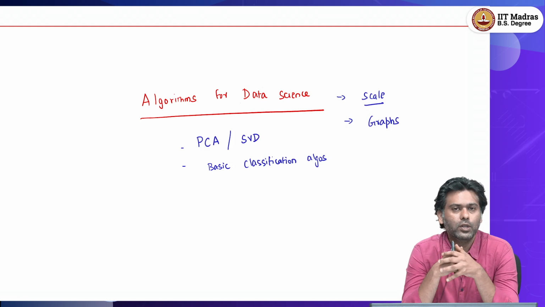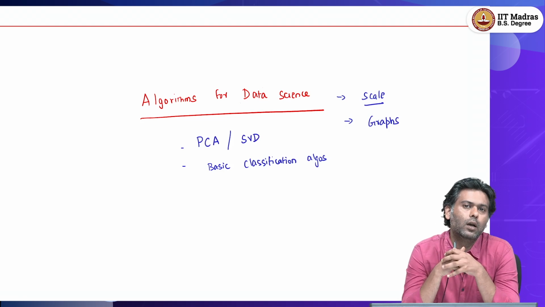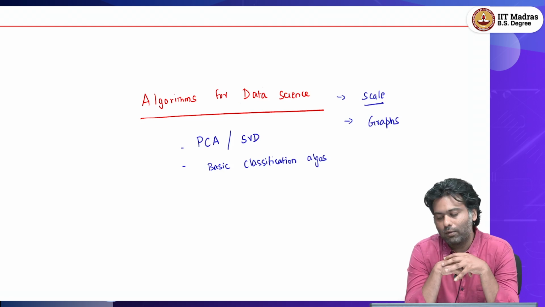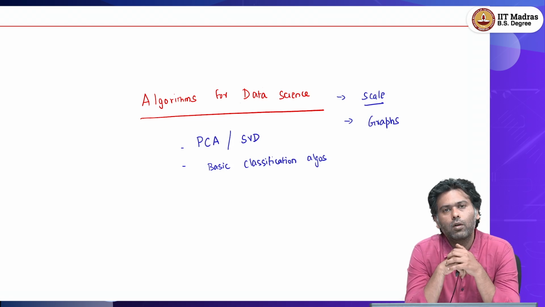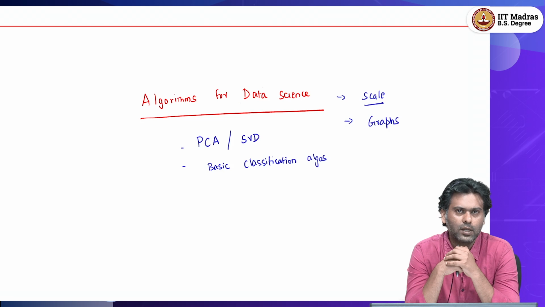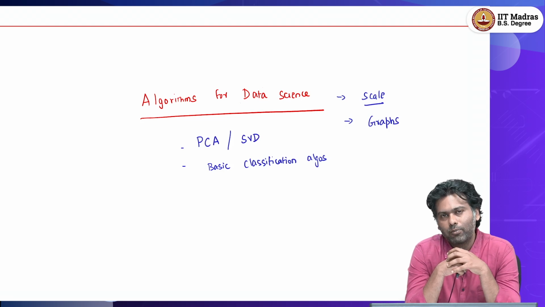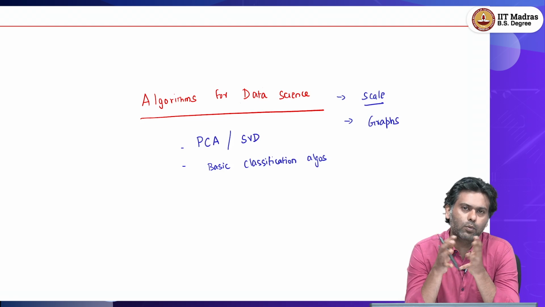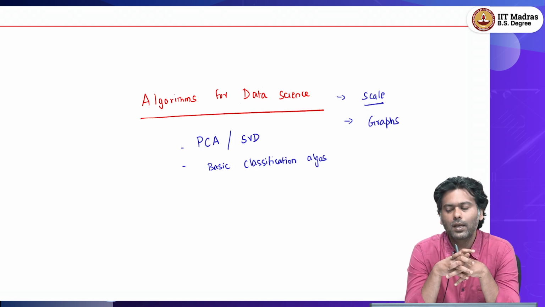A standard machine learning techniques course, at least the one that we did in the online BS level, didn't cover a lot of graph based algorithms. So one of the goals of this course is also to look at graph based algorithms. These are not necessarily graph neural network based algorithms only.